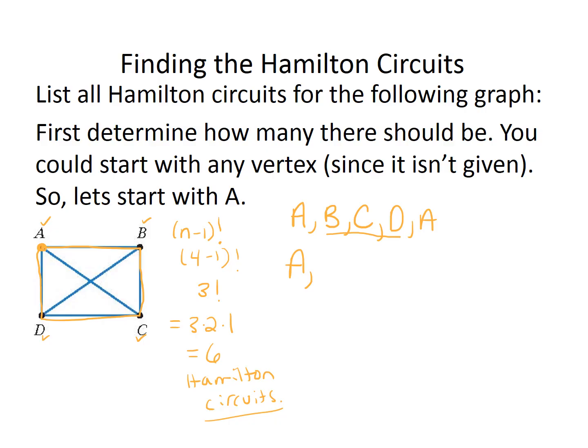We started with AB, and I like to fix that AB. Since it's a complete graph, I could go A, B, C, D, A, or A, B, D, C, A. So I fix the first two, AB, and then you just have CD or DC.